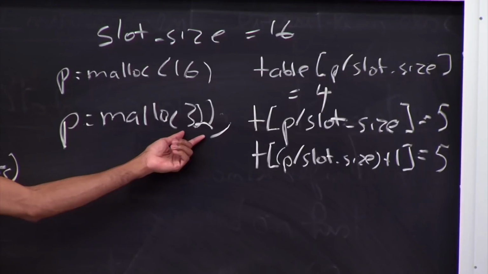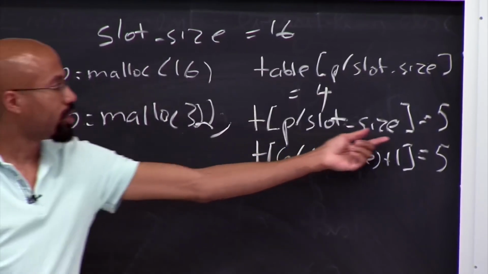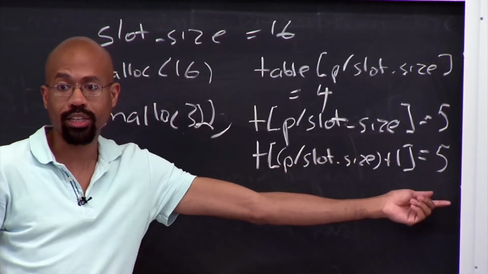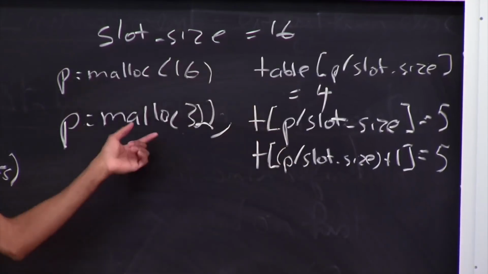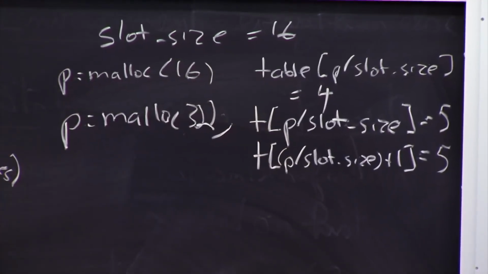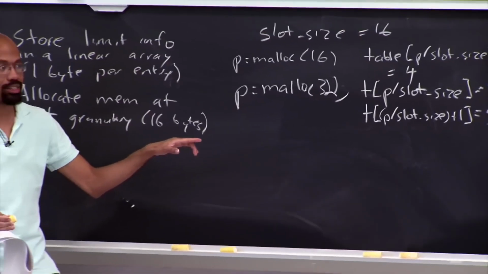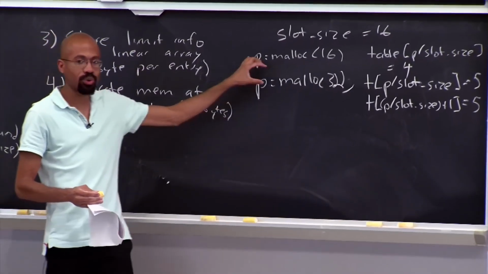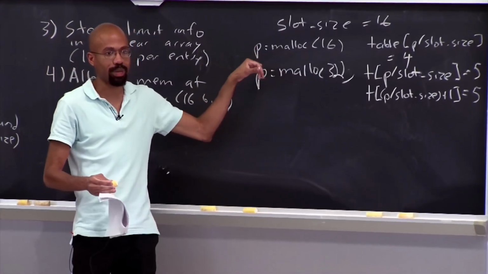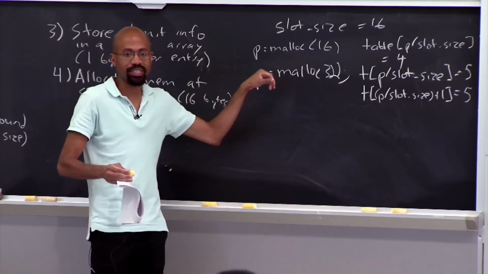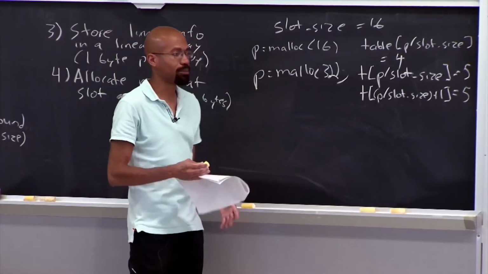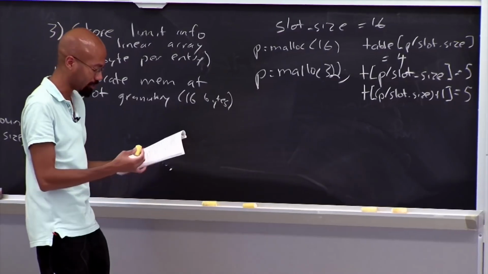Once again, 32 is the allocation size, and this is the log of that allocation size. So for the 2 slots that this memory takes up, we update the bounds table twice. Does that make sense? This is really the key that I think for a lot of people makes the paper make sense or not, because you have to update that bounds table multiple times depending on the size of the allocation.